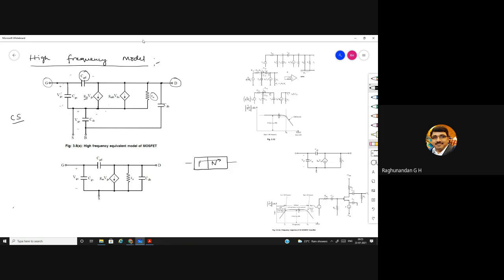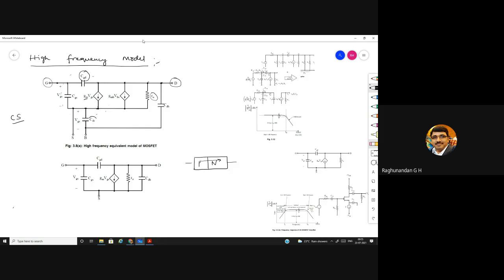So small r0 is existing across the output. Now, when you consider this, we have two more capacitances that come into the picture.